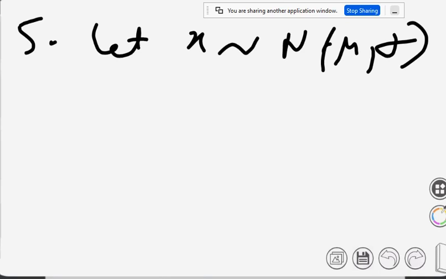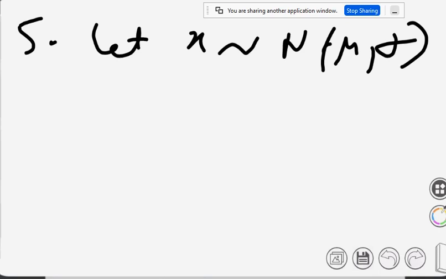So question number 5 we are discussing. It is given that in a normal distribution, 31% of the items are under 45. So we are assuming X follows a normal distribution with mean mu and standard deviation sigma. How can I write that 31% items are under 45?